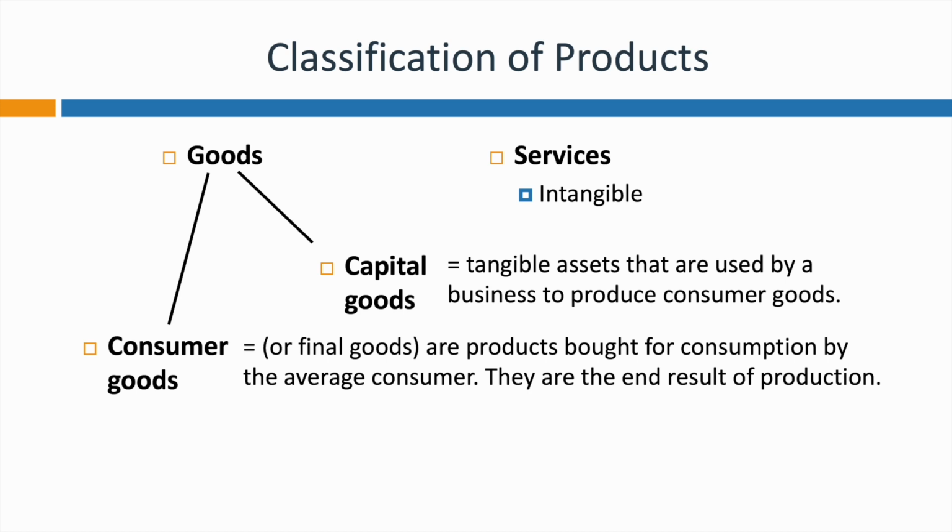They're sold to businesses. So your customer would not be the end consumer, but it would be another business. It would be like a B2B, business to business transaction, whereas the consumer goods are bought for consumption by the average consumer, and they are the end result of production. Usually after the consumer goods, there's nothing else coming in at the stage of production.